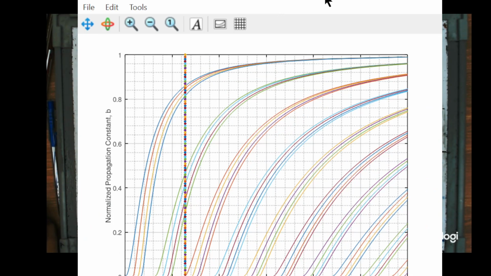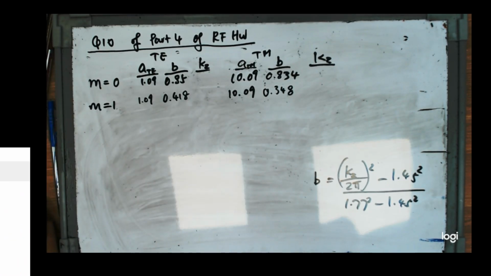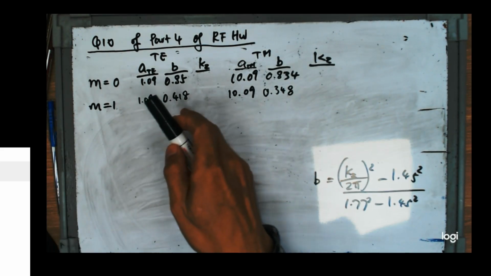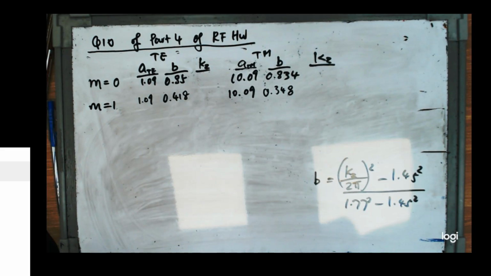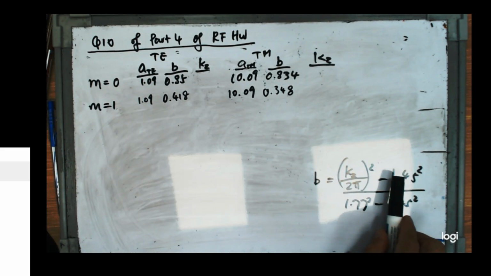We are going to switch back to the whiteboard. Now you are looking at the whiteboard. On the whiteboard, I have written down the information I have calculated. Now I'm going to use this formula to calculate the Kz.